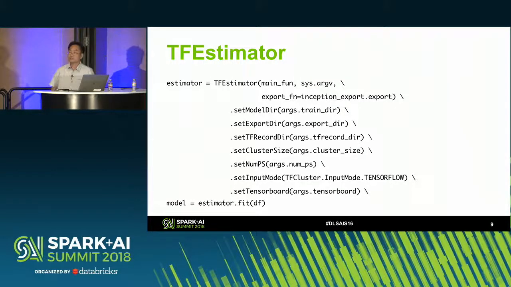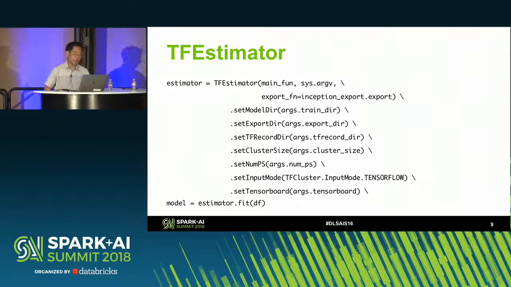So this is what the TF Estimator API looks like. You create your estimator, you pass in your TensorFlow main function. Again, the args are present there, similar to the TF cluster. We allow for an optional export function. Again, when you're done training, you typically have a TensorFlow checkpoint, but we also allow you to potentially export to a saved model format right then and there.